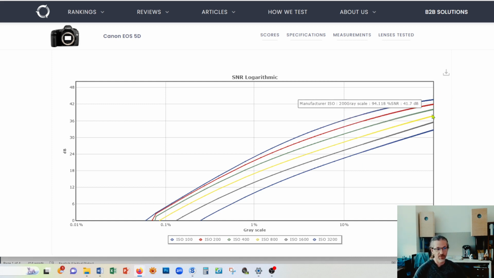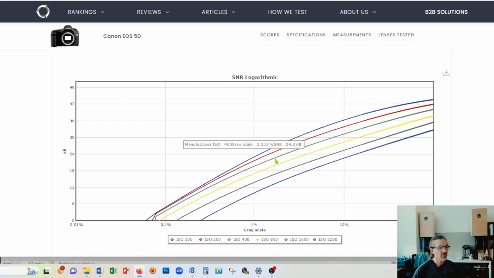Same goes for 95, 98, 100% grayscale, which is the super bright, super high contrast parts of the image. 100% is getting close to saturation, and if you go beyond 100, then you have overblown your image.